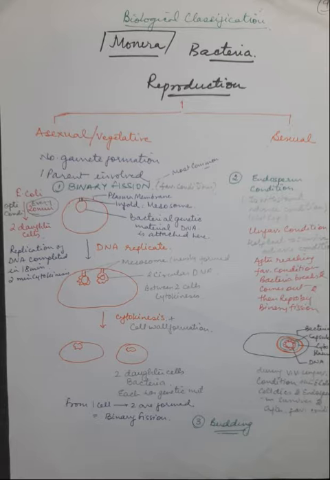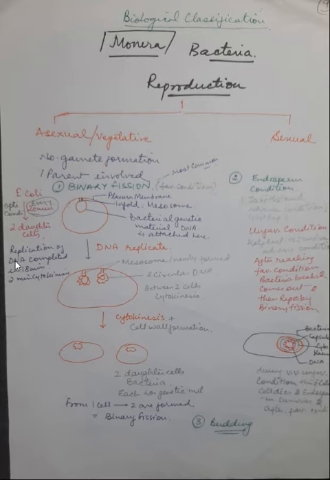So, in case of E. coli, in every 20 minutes two daughter cells are formed. That means when all the conditions are favorable for the reproduction, this E. coli would form two daughter cells.